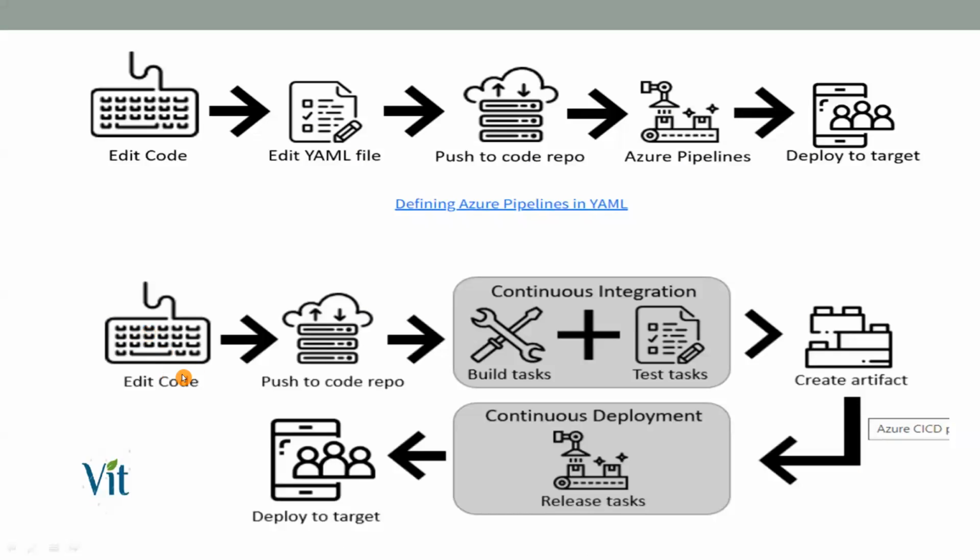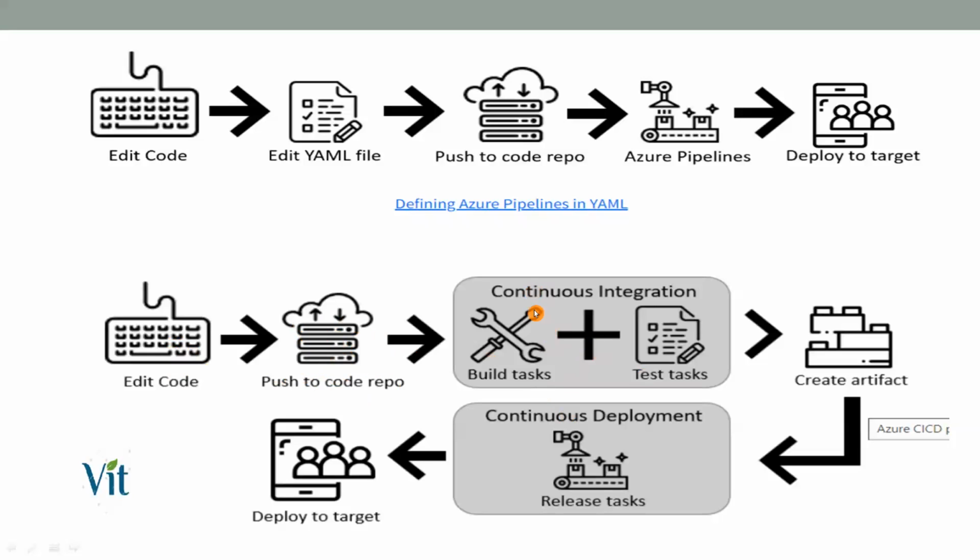So if you observe this diagram, okay, so first we are going to edit our code by using AnyPoint Studio. Then we are going to push our code into Azure repository. So not GitHub repository, here we are going to create Azure repo.